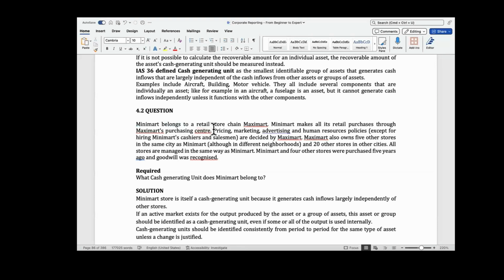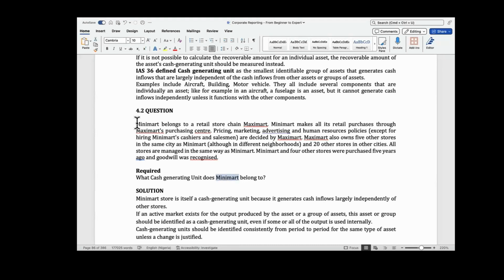The pricing, marketing, advertisement, and human resources policies, except for hiring Minimat cashiers and salespersons, are decided by Maximat. Maximat also owns 5 other stores in the same city as Minimat and 20 other stores in other cities. All stores are managed in the same way as Minimat. Minimat and 4 other stores were purchased 5 years ago, and goodwill was recognized. What cash generating unit does Minimat actually belong to?